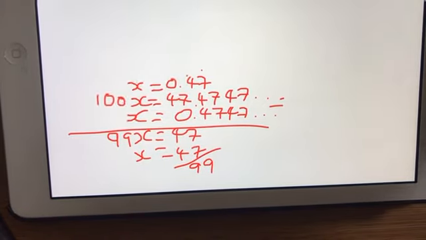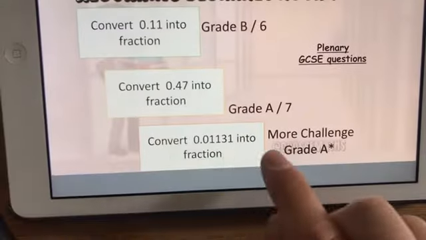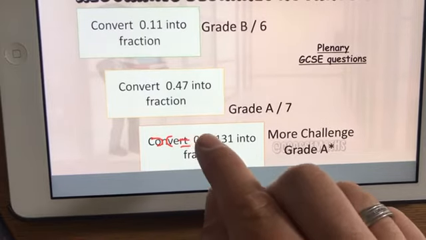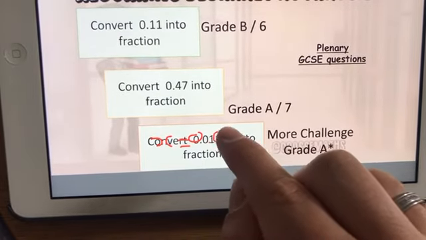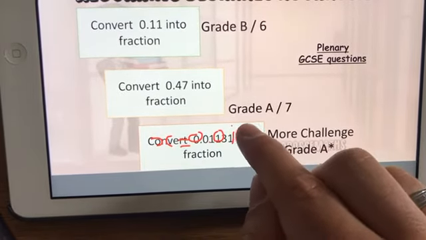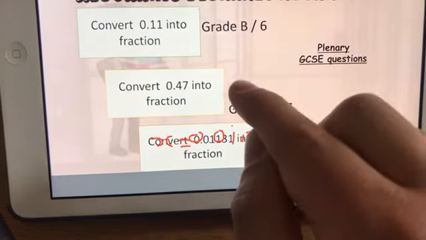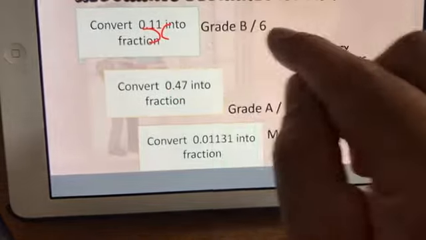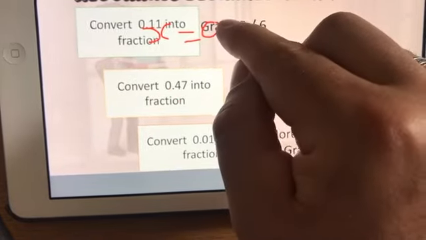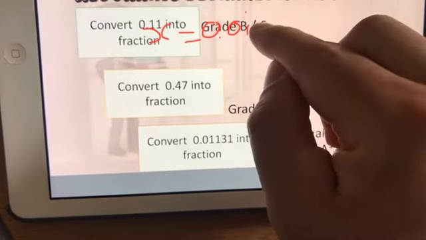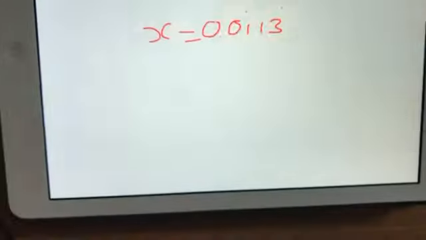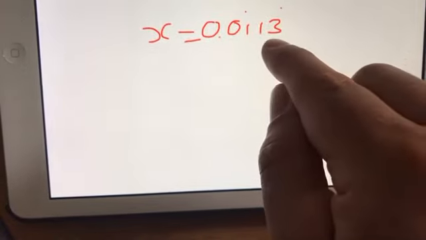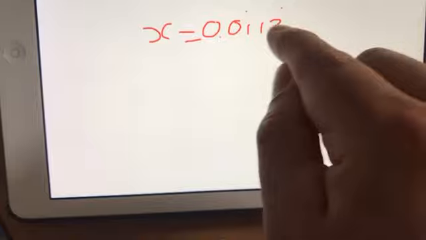Last one. Down the bottom, I've got x equals 0.01 recurring, 13 recurring. I'm going to write that a little bit higher on the page just because it won't work on the whiteboard otherwise. From here now, these 3 recurring digits are recurring.